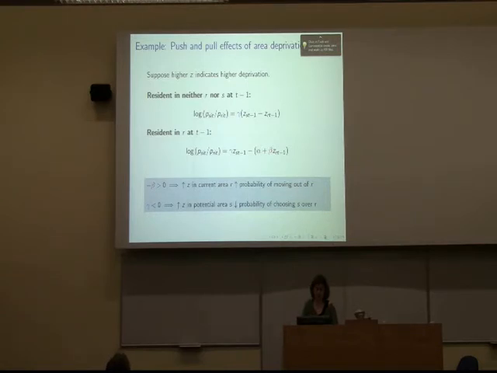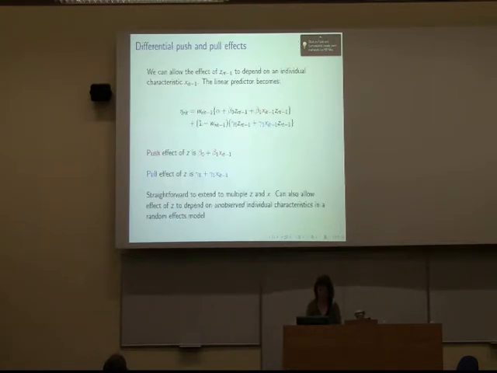So what I'm going to be showing when we get onto the application are estimates of minus beta, which we expect to be greater than 0, and gamma, which we expect to be less than 0. Then the differential push and pull effect. This is where we introduce the individual characteristics.